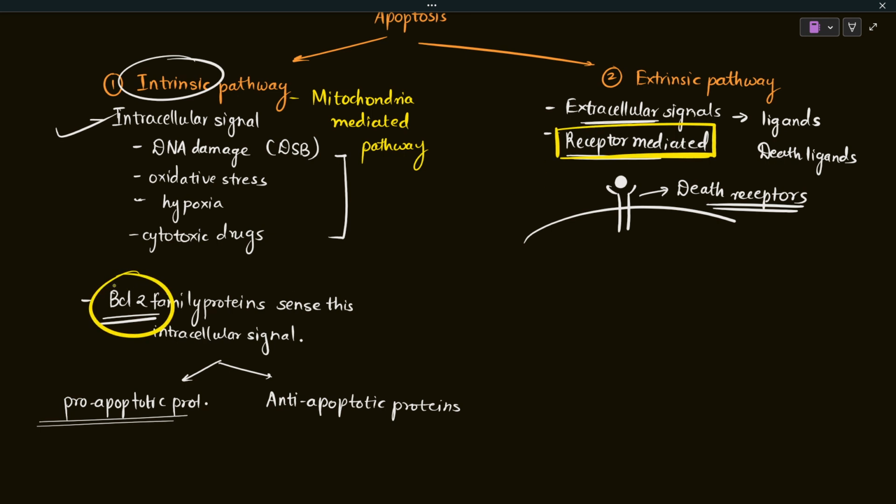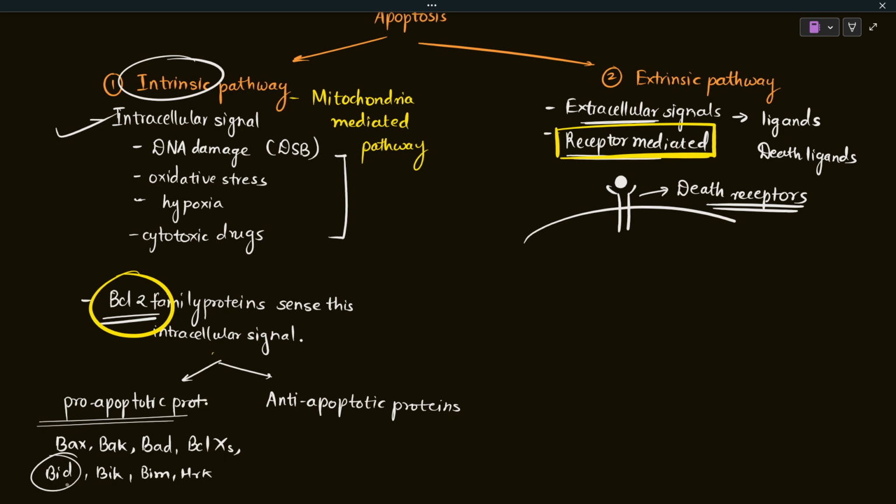So the BCL2 family proteins are of two types, the pro-apoptotic proteins and anti-apoptotic proteins. Let me write the examples here. So the BAX, BAK, BAD, BCLXS, then BID. BID is a quite important one. I'll discuss that. BIK, BIM, HRK, all those, they are pro-apoptotic proteins.